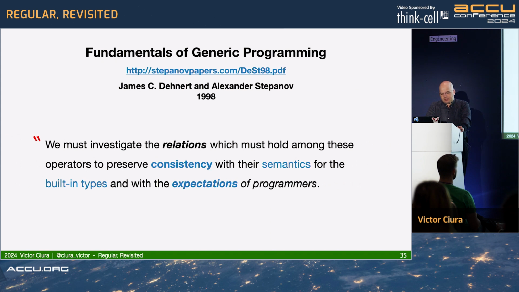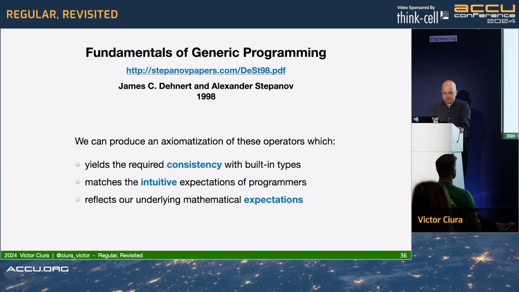The paper actually investigates some of these relationships and consistency and semantics, and again, what people expect coming out of mathematical training and logic, and what they expect when they meet these kinds of ideas in computer science.